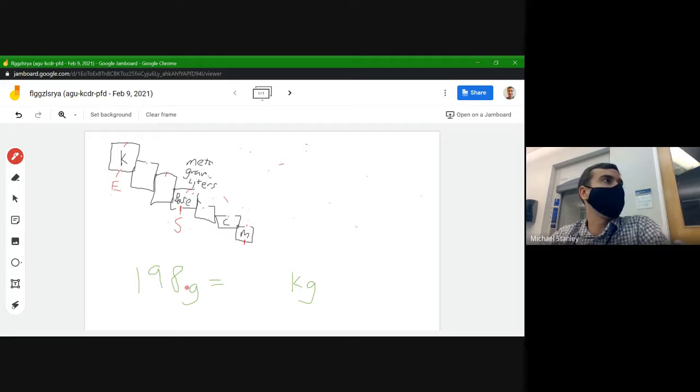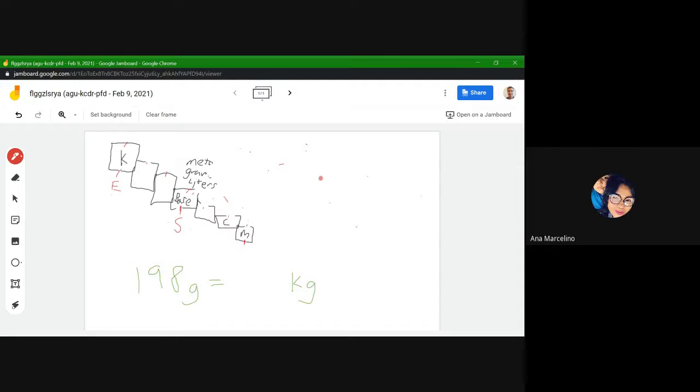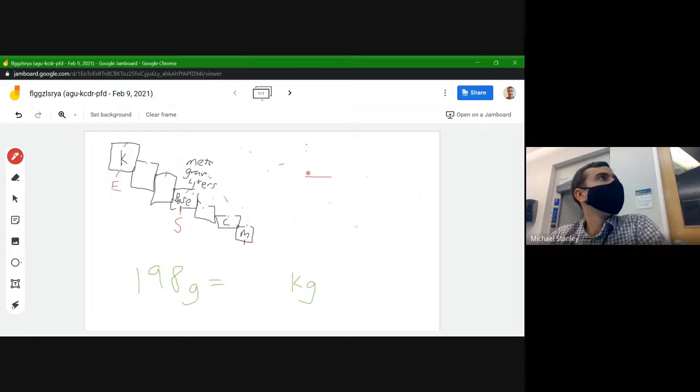So we're starting off with our base. We're ending at K, kilograms. So which direction do we have to jump in order to get to kilo from the base? Left.